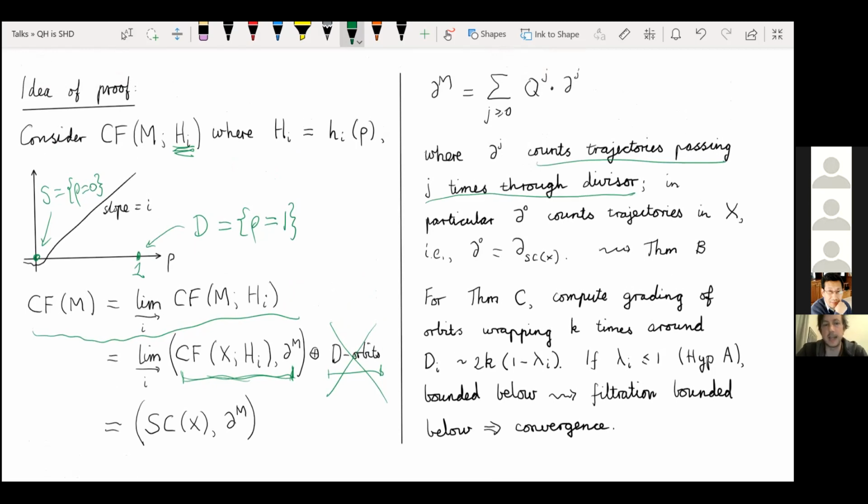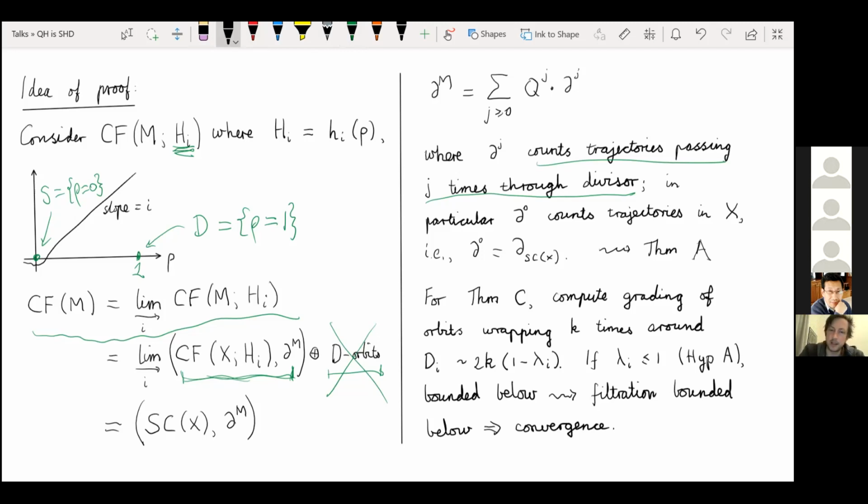So you can expand it in powers of Q, where the Q to the J term counts trajectories passing J times through D. In particular, the leading order part, del 0, counts trajectories which don't intersect D. And this gives you precisely the differential for the symplectic cochain complex of X. So this is already enough for us to prove theorem A, which said that we have a filtered complex computing quantum cohomology of M and whose associated graded gives you symplectic cohomology of X.